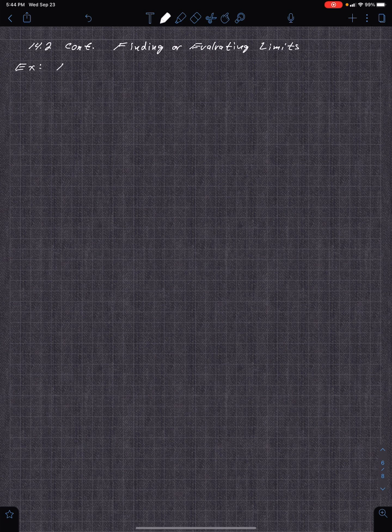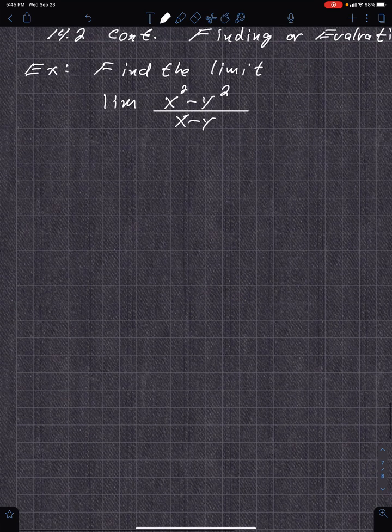Find the limit of something like this: x squared minus y squared over x minus y, as (x, y) approaches, in this case we'll say, (1, 1).